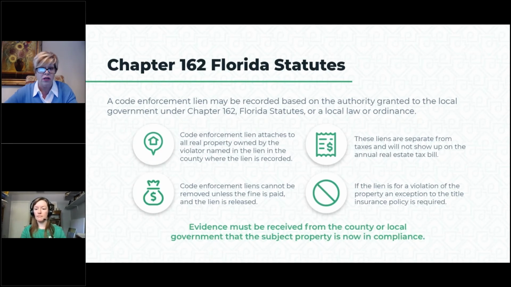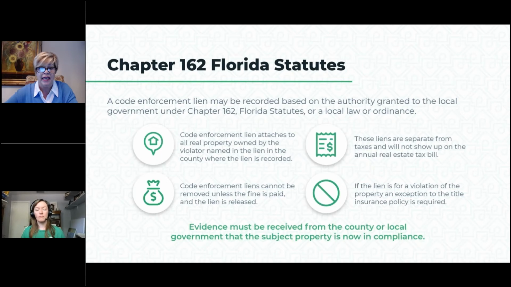So these liens are separate from taxes and will not show up on the real estate tax bill. So they're not easily found unless you are specifically looking for them with the municipality. These liens cannot be removed unless the fines are paid and the lien is released.